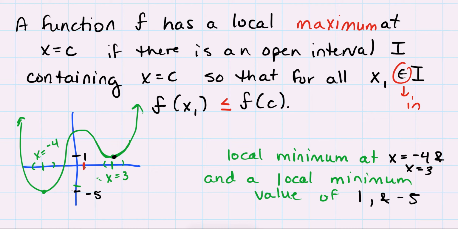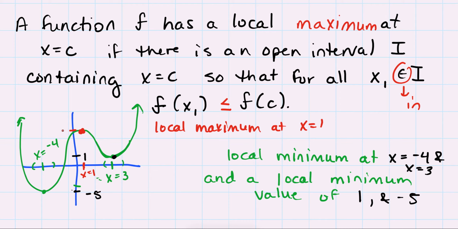So let's say this number is x is equal to 1, then we would have a local maximum at x is equal to 1.